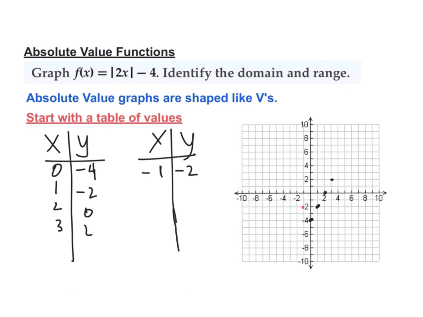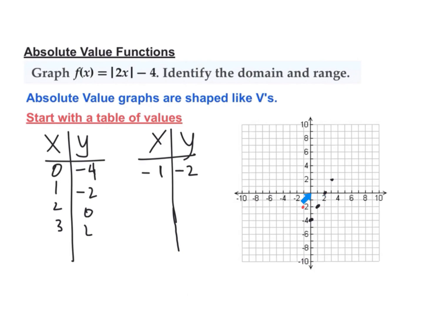All right, the next part about absolute value is that since it's a V, there is what's called bilateral symmetry. You can cut it vertically right down the middle, and it'll be a mirror on each side. So if you notice here, this red point is 1 unit away from the y-axis. This black point is 1 unit away. So over here, I can come up with some other points.